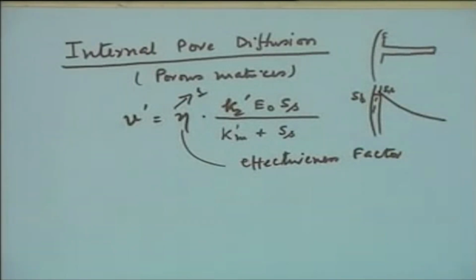Now, I think there is a very tricky situation. In many cases people have also reported effectiveness factors exceeding unity in experimental observations, where you measure the enzyme activity, let us say for different particle sizes in a reactor, and the effectiveness factor works out to be more than 1. Under what conditions should the effectiveness factor be more than 1? The first condition, as we discussed earlier, is enzyme kinetics where substrate inhibition is very strong.